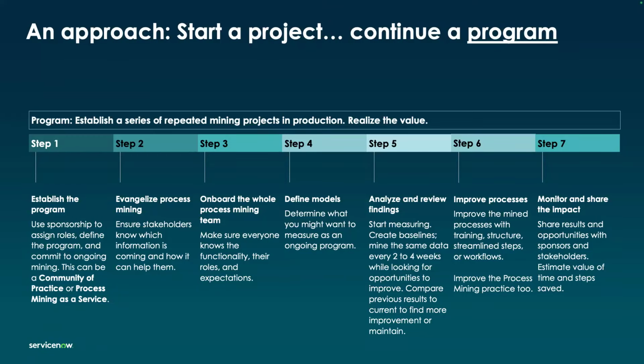You'll improve those processes. Again, could be training, structure, simplifying your steps, creating workflows, creating more automation, whatever it is. You have those improved processes, and then you want to continue to report out on what we've done, what we're seeing, what our results are. And I would suggest that you're doing that for both your sponsors, your stakeholders, and the people being impacted, right?